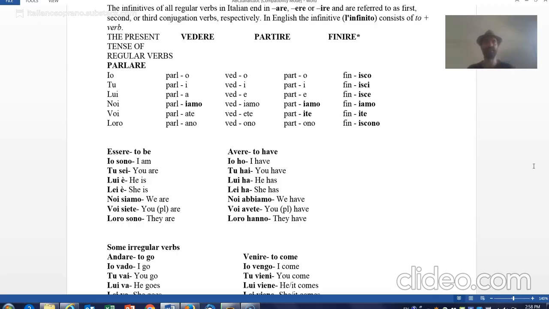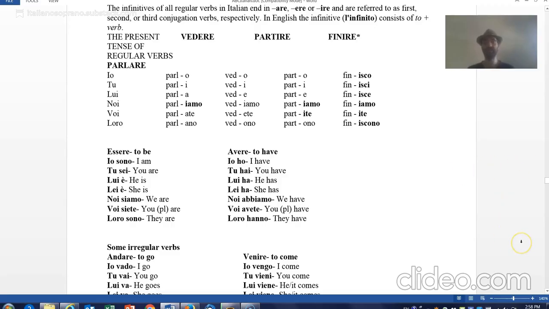Let's say essere. With essere we have io sono, tu sei, lui è, lei è, noi siamo, voi siete, loro sono. With avere we have io ho, tu hai, lui ha, lei ha, noi abbiamo, voi avete, loro hanno.